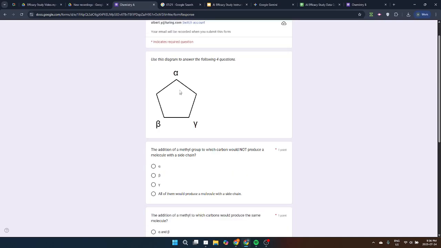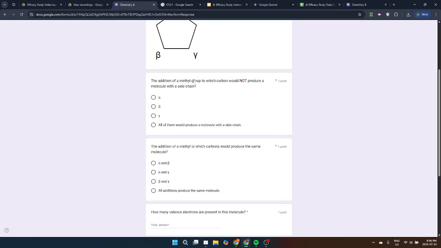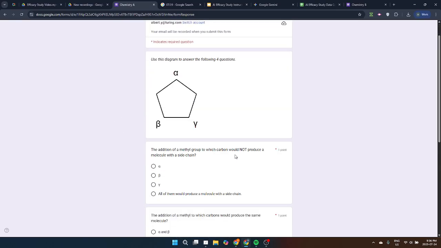Okay, we have 1, 2, 3, 4, 5 cyclopentane here. The addition of a methyl group to which carbon would not produce a molecule with a side chain?